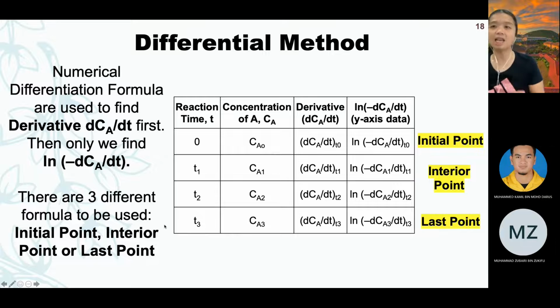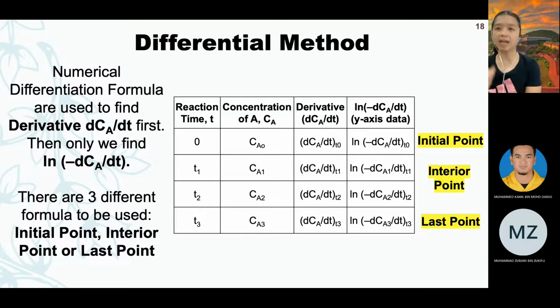Let's say in your experiment, in your run, you take data 4 times. Means, okay, minute 0, CA 5, minute 5, CA 3, minute 10, CA 2, minute 15, CA 1. So, means you have 4 sets of data, right? To calculate dCA per dt for this data depends on which position of the data you want to calculate.